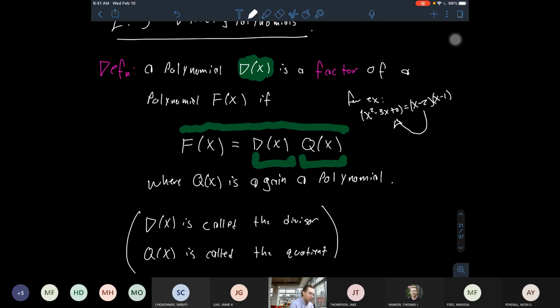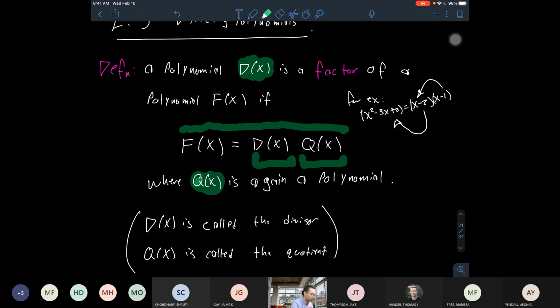So if we can factor a term out, we call it a factor. And it makes sense for quadratics because we talk about factoring quadratics all the time, but we can also do this with higher order polynomials. But the important thing here is that q of x should again be a polynomial.